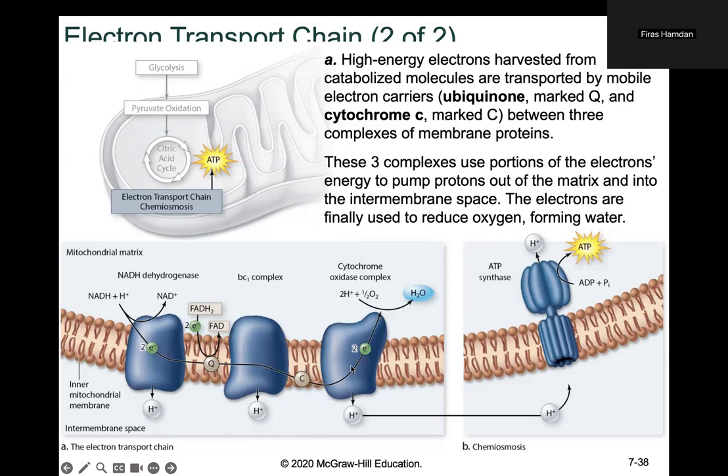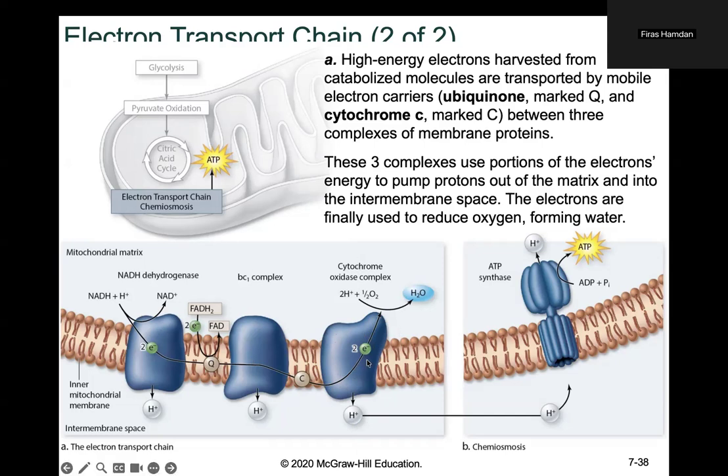It passes these electrons again towards the cytochrome oxidase complex. And this cytochrome oxidase complex also is a proton pump. So it's going to use this energy to push out hydrogens. Here, the electrons have been passed on so many times that they've lost all their energy. They have barely anything anymore.